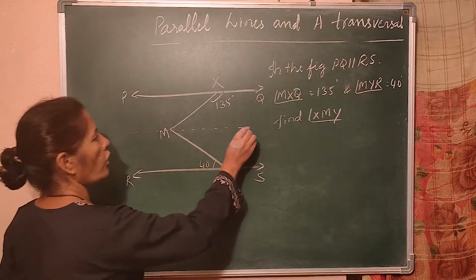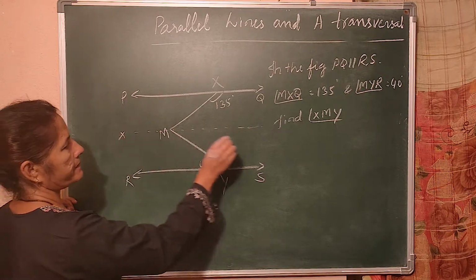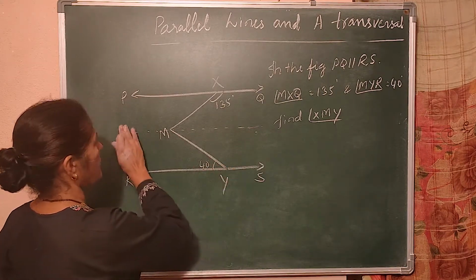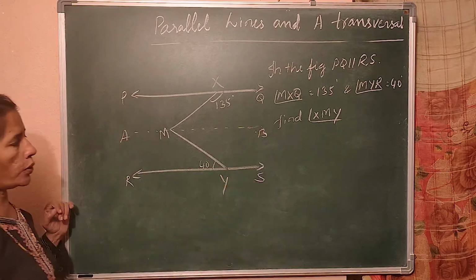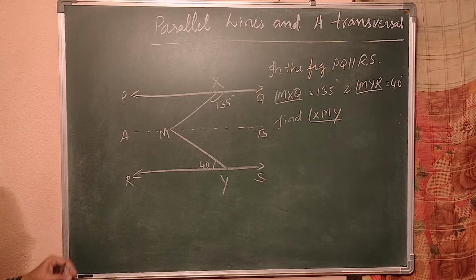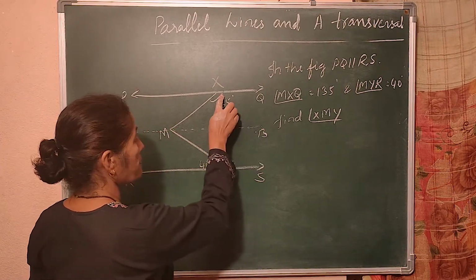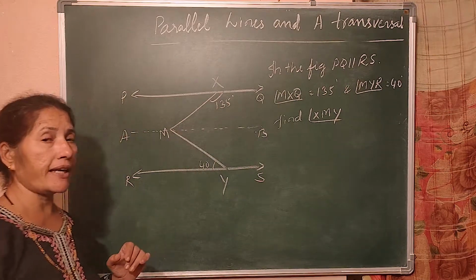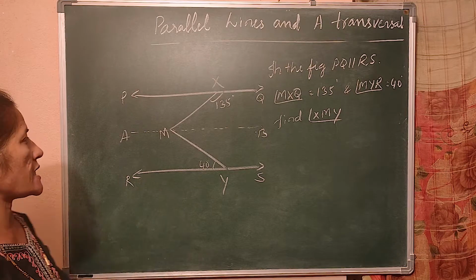So when you draw a line parallel, let us call it AB. Whenever this line is parallel, this plus this is 180. Why? The angles on the same side of the transversal.